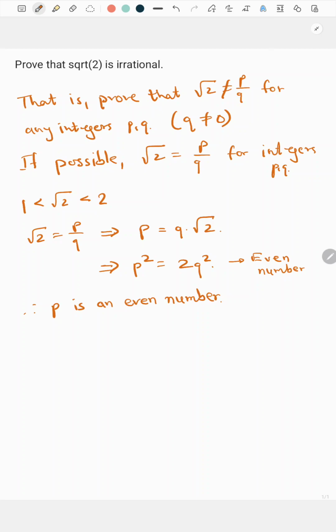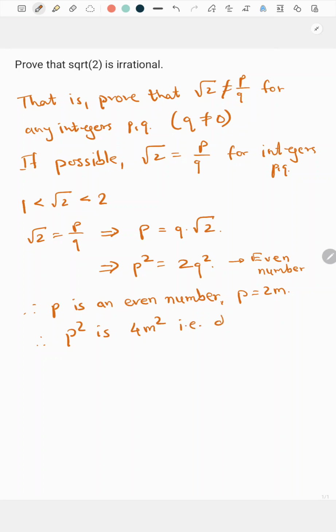So p is an even number. Let's say p is equal to 2m. So p squared is 4m squared.